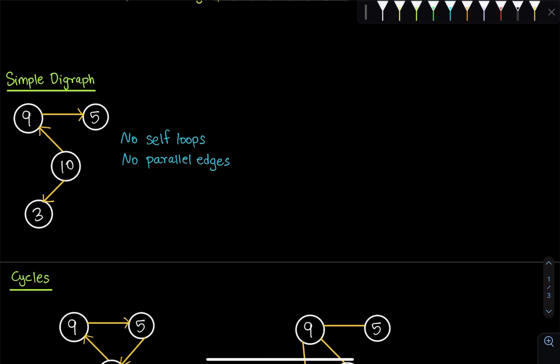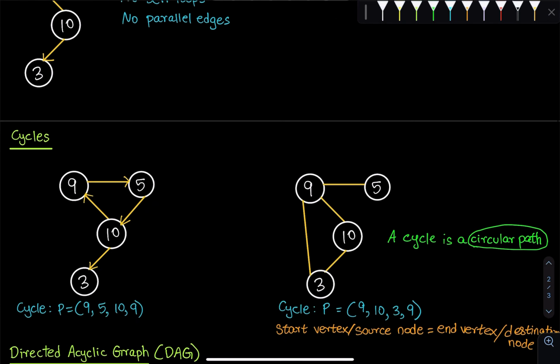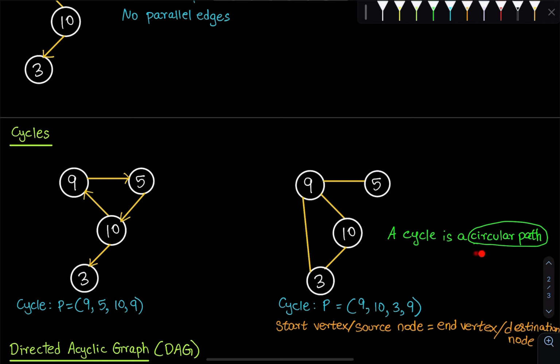Coming to a simple digraph, it's nothing but a directed graph without any self loops or any parallel edges. Now we'll be looking at cycles. A cycle is nothing but a path, but it's circular in nature. For example, here we look at this path where the source node is 9 and the destination node is also 9.